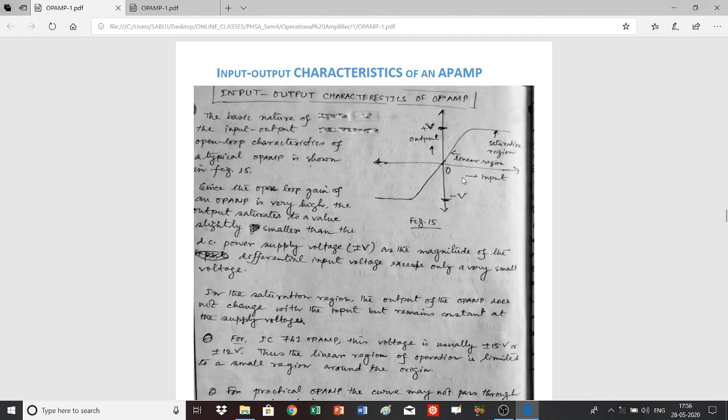If you further increase the input difference voltage, the output voltage stays constant at V saturation. In the negative direction too, if the difference voltage is increased, it very quickly reaches the saturation value, which is very close to the applied supply voltages, that is, plus minus V.